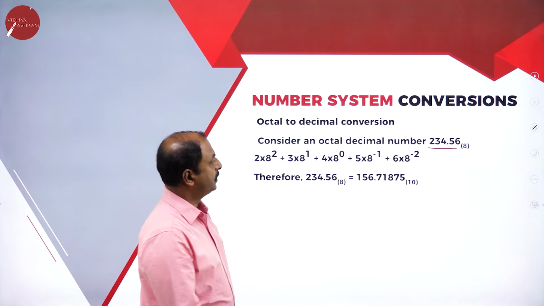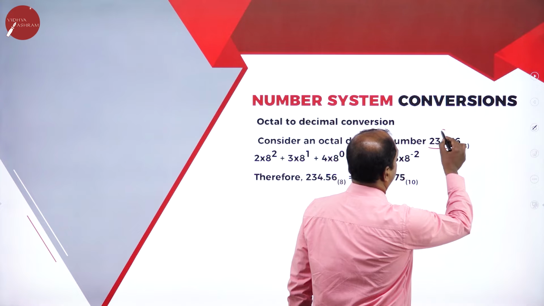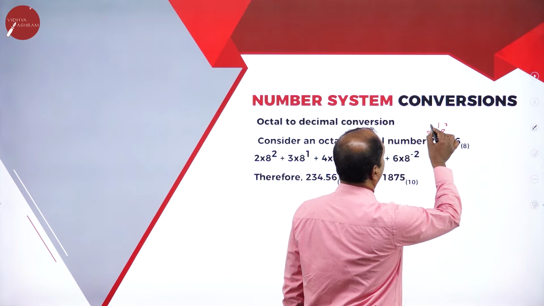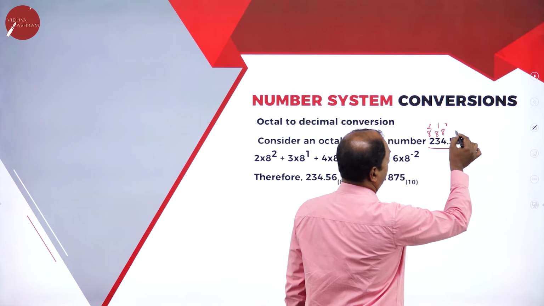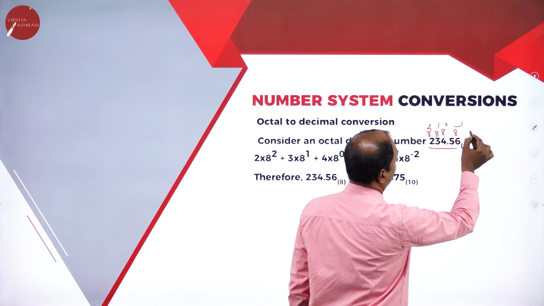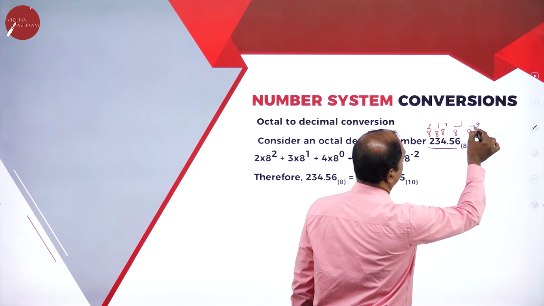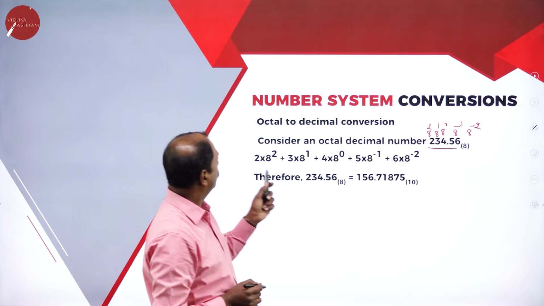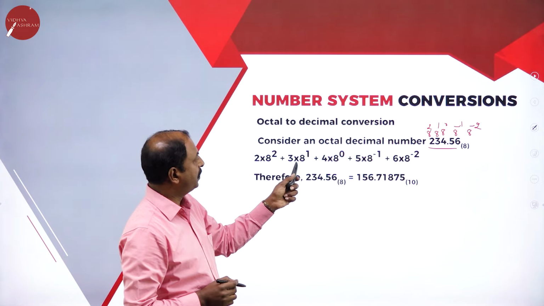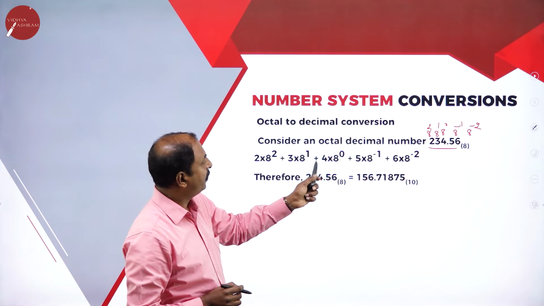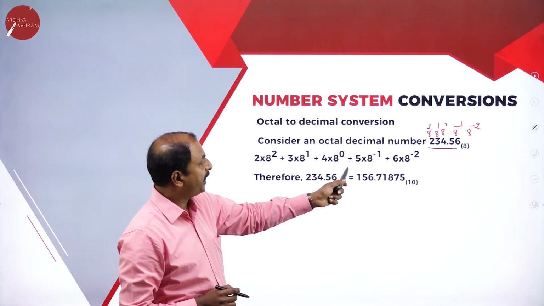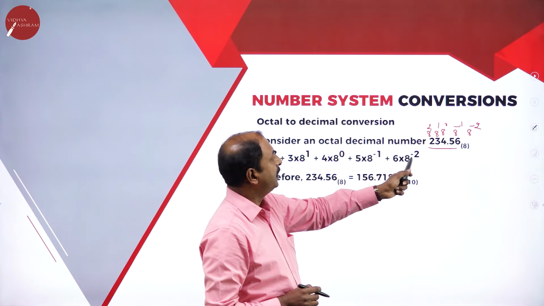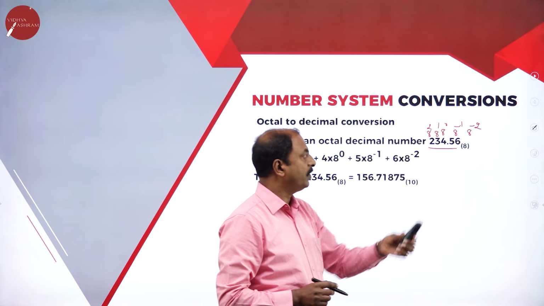So as usual, these are the positions: 8 to the power of 0, 8 to the power of 1 and 8 to the power of 2, and this is 8 to the power of minus 1 and 8 to the power of minus 2. Accordingly, the first digit is 2, so 2 into 8 squared plus 3 into 8 to the power of 1 and 4 into 8 to the power of 0, and plus 5 into 8 to the power of minus 1, and 6 into 8 to the power of minus 2.